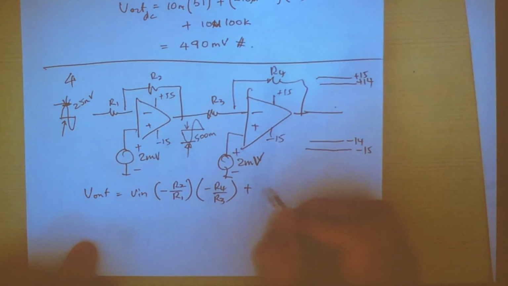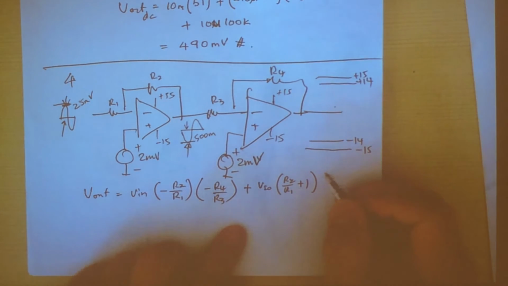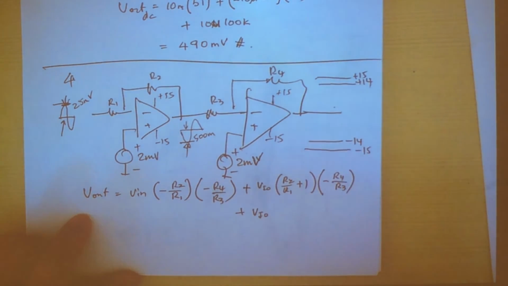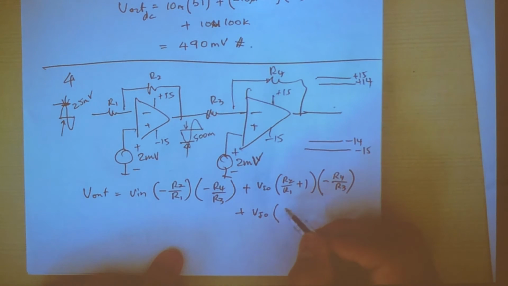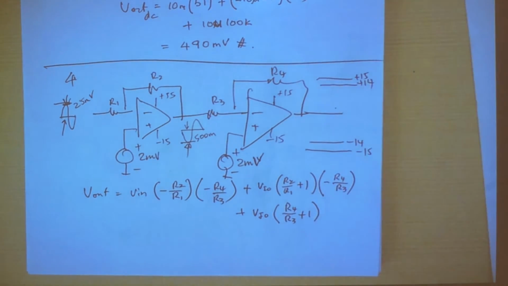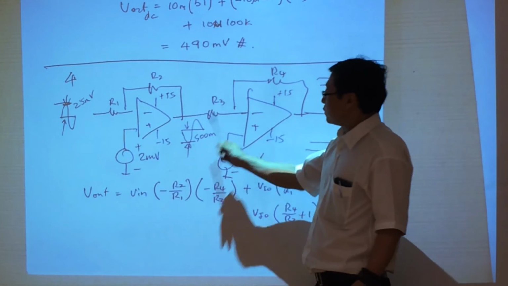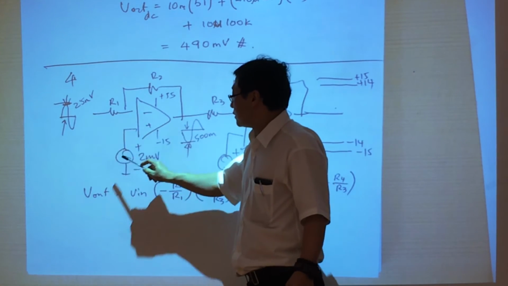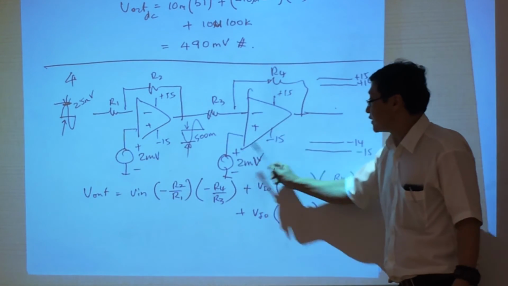The first offset goes out through the first gain stage, which is R2 over R1 plus 1, multiplied by the non-inverting gain of the second stage. Then we look at the second offset to the output, which is just R4 over R3 plus 1. So this is the total voltage at the output. The output consists of 3 terms because there are 3 sources: input, first offset, second offset.